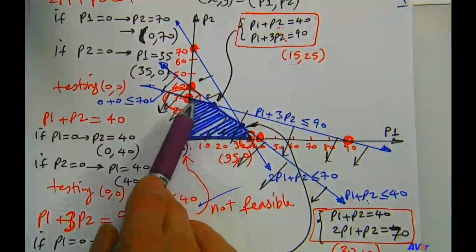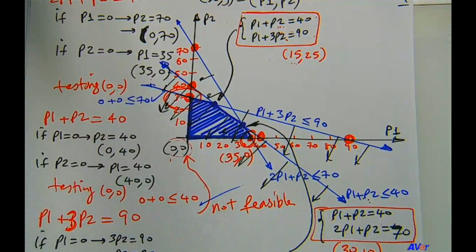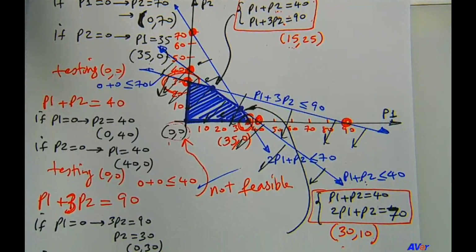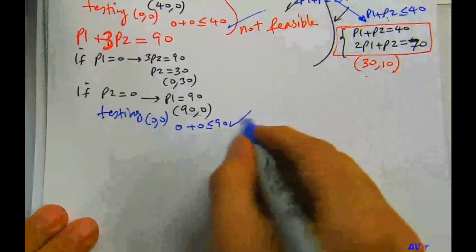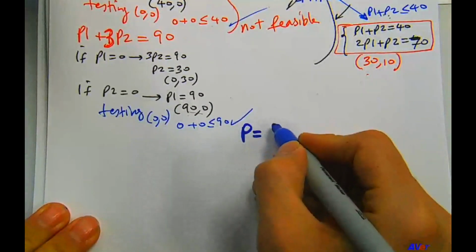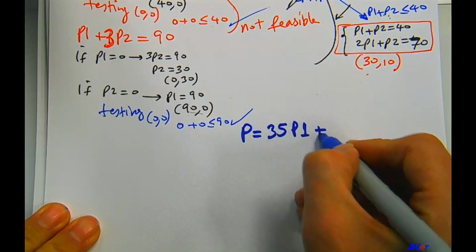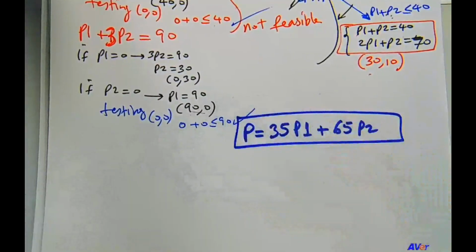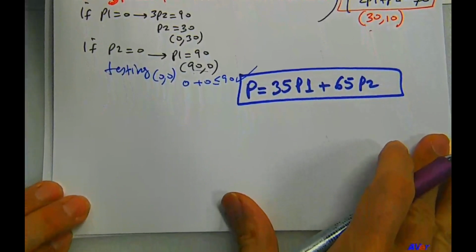Now we have all the coordinates for all the feasible corner points, so we can easily answer that question for the objective function. The objective function was profit equals 35 P1 plus 65 P2, and the feasible corner points are as follows.